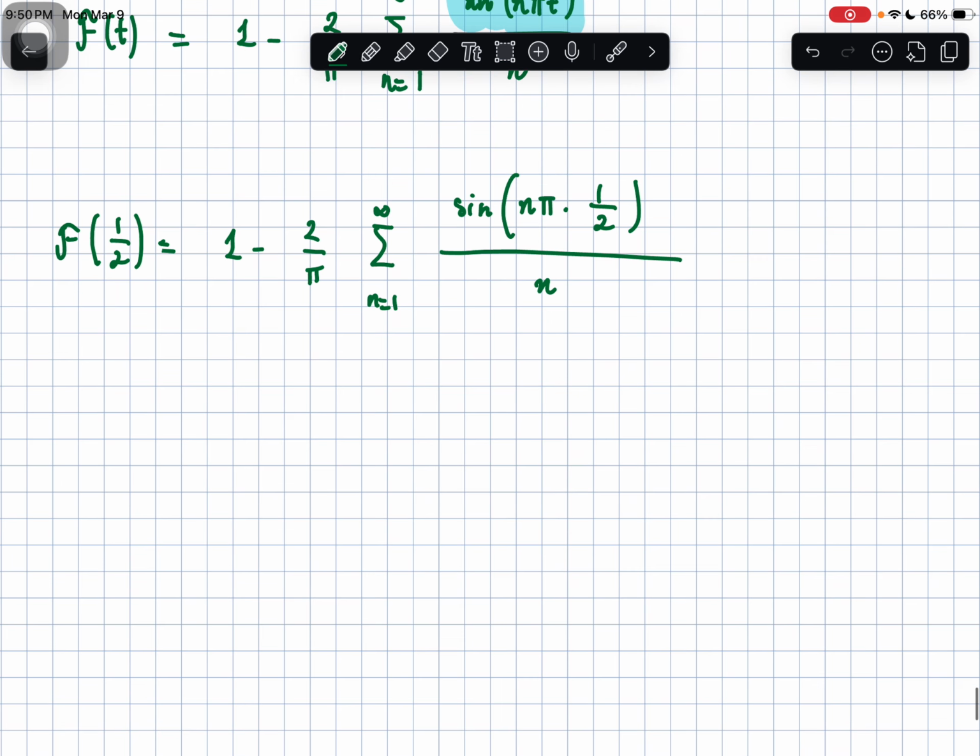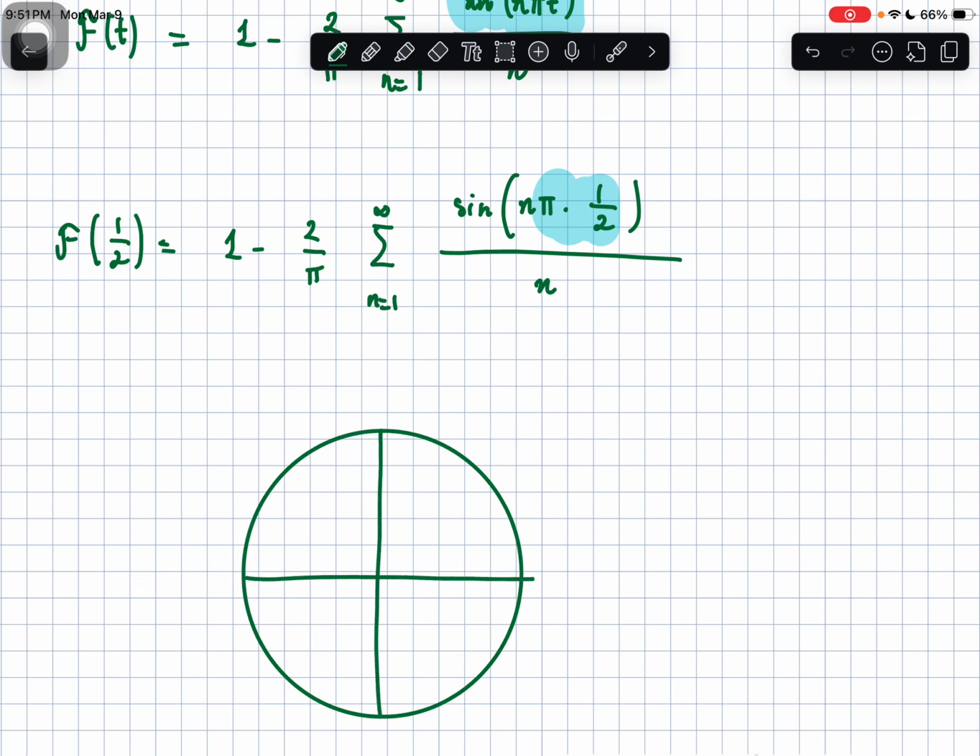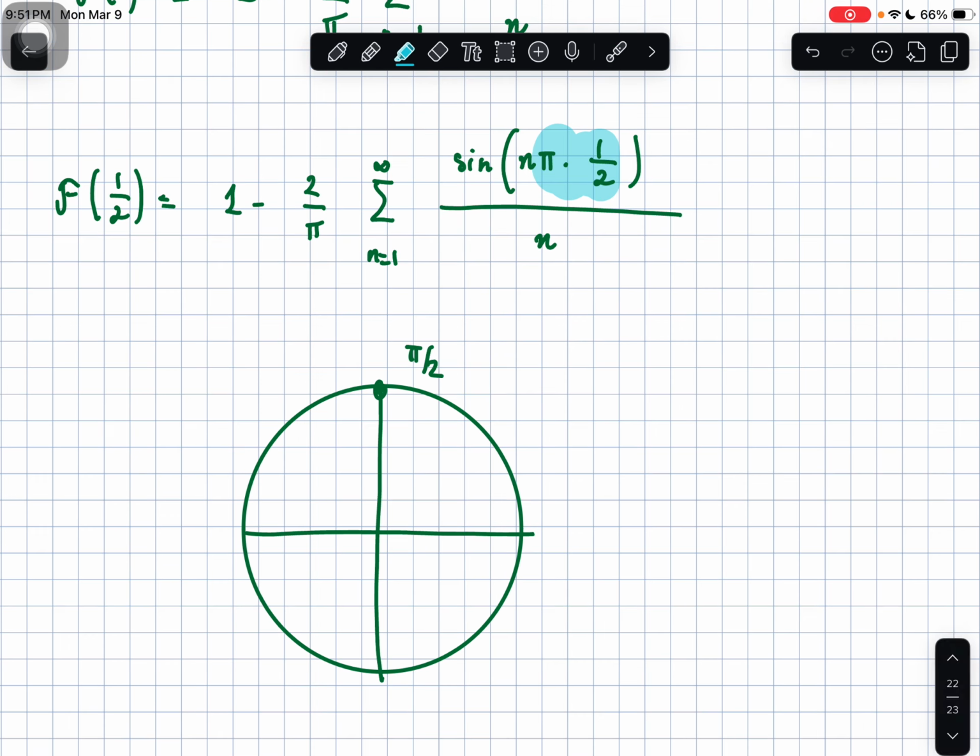So you see that n pi over 2, on this unit circle, pi over 2 here. When n is even, we have 2 pi over 2, 4 pi over 2, 6 pi over 2, 8 pi over 2. So these are 0. That's exactly what we want.